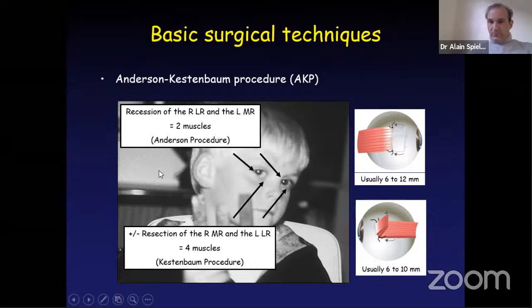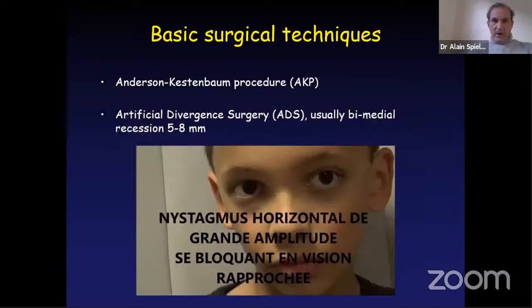This is the Anderson procedure. And when we add two more muscles, that is resection of the two other muscles, this is the Kestenbaum procedure, with a surgical dosage usually around 6 to 12 millimeters, depending on the habits of the surgeon and the degree of the head turn.